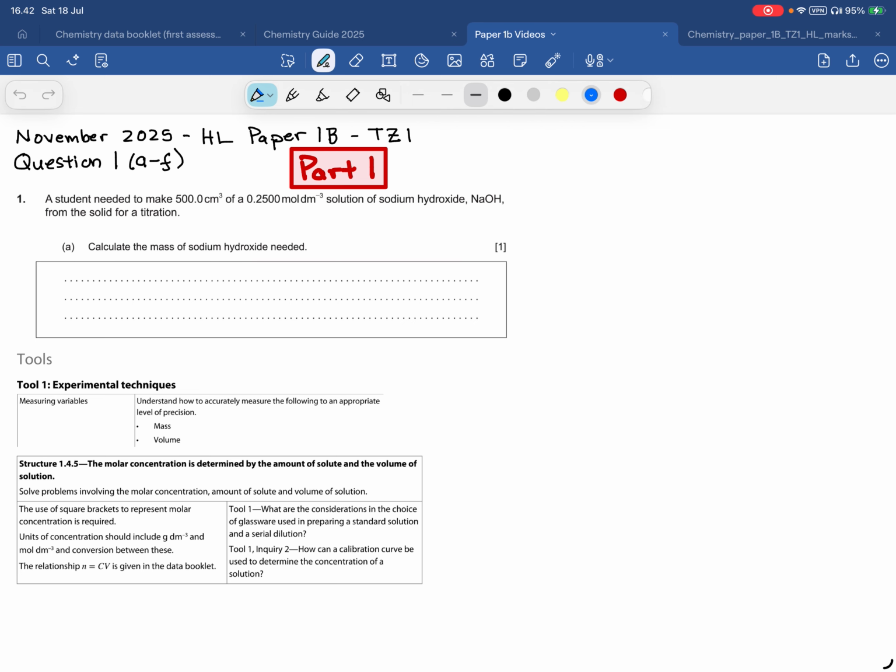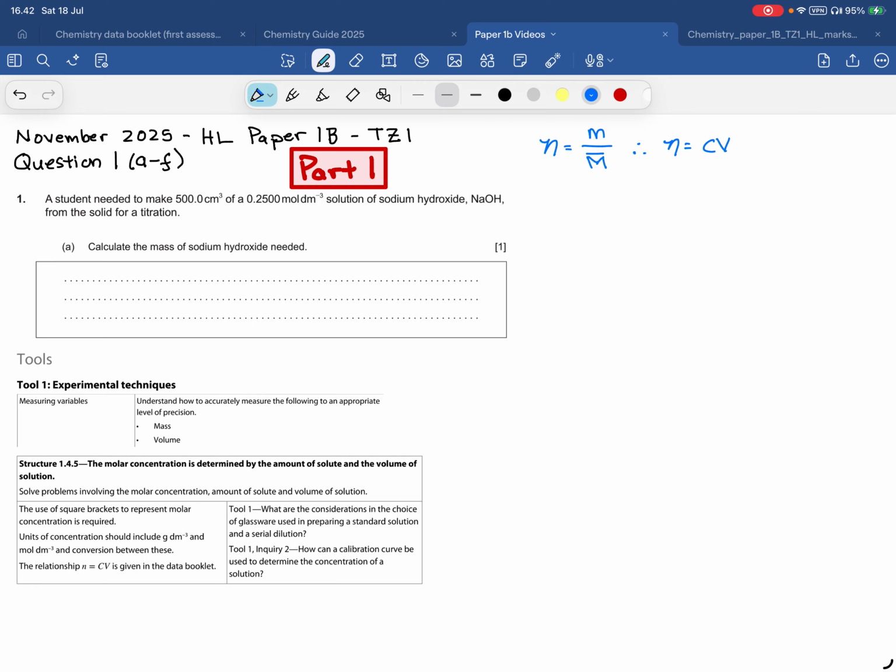You've got three basic mole calculations. The first one is moles is equal to mass divided by molar mass, and that will come into play in just a moment. The second one is moles is equal to concentration times volume.